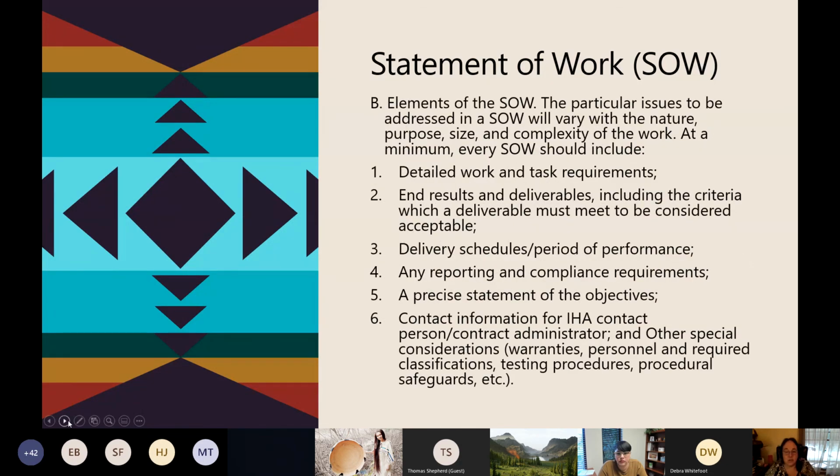Elements: the particular issues to be addressed are going to vary with the nature of the purpose, the size, and the complexity of the work.